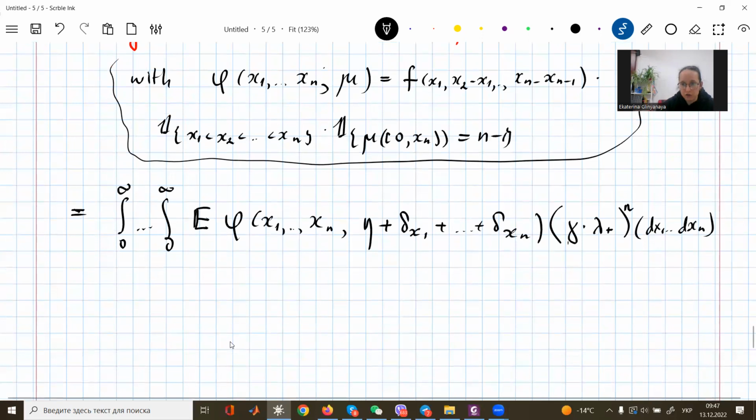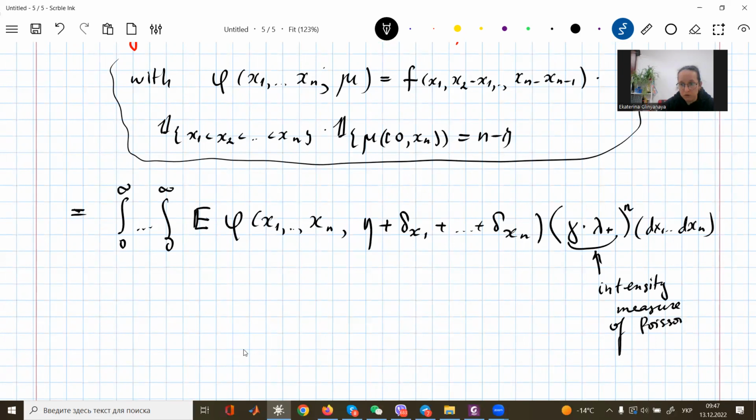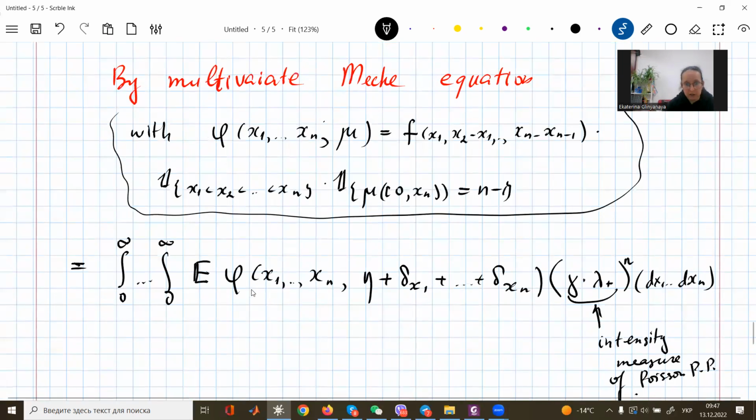I just recall that this is the intensity measure of the Poisson point process. So let us substitute here this function phi.